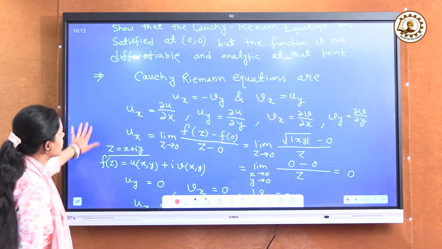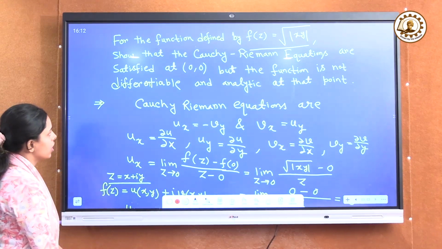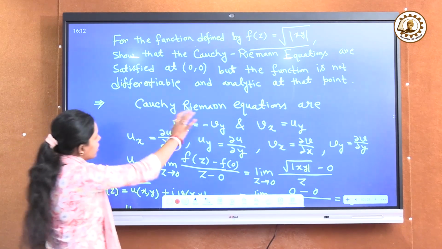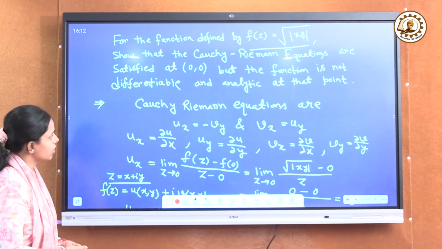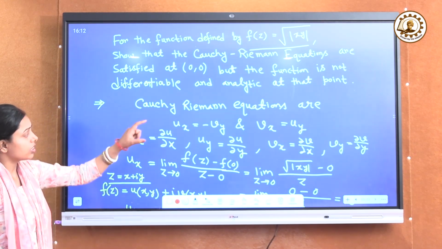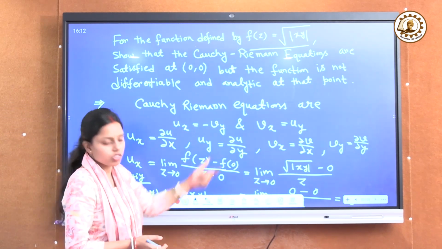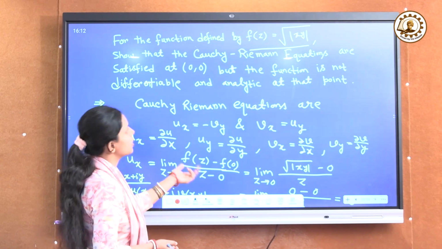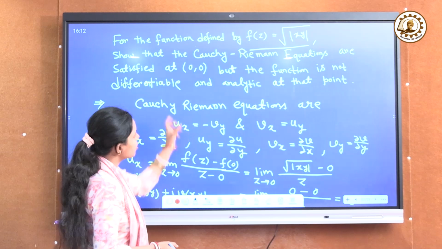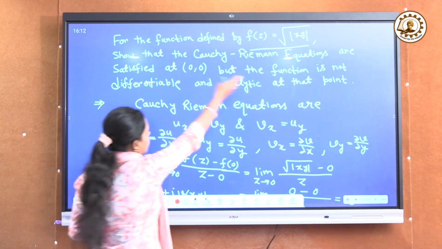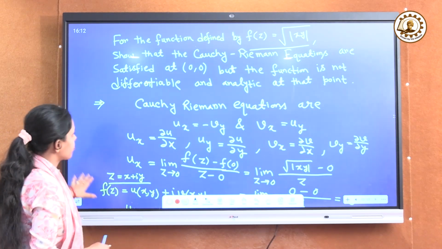And the second part is the theorem portion, the sufficient condition. The sufficient condition is that if the Cauchy Riemann equations are satisfied, then the function should be differentiable and analytic. But here this is not true. We prove this portion by taking the example f of z equal to root over mod xy.